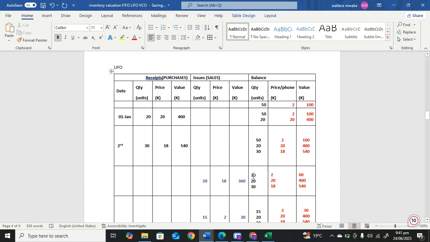On the balance section, since we removed 20 from these 30 units, there remain 10 of them valued at 18 kwacha. So here we put 10 times 18, 180 kwacha. Any questions?